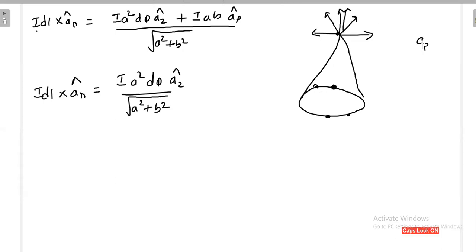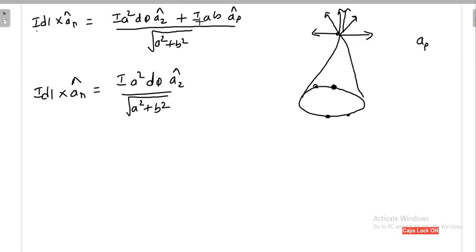Finally, effectively the field is due to the component that is present in the z cap. So that's why I can neglect this. Even if you do the integration, finally you will get zero. Without neglecting, if you integrate as usual, you will get zero.